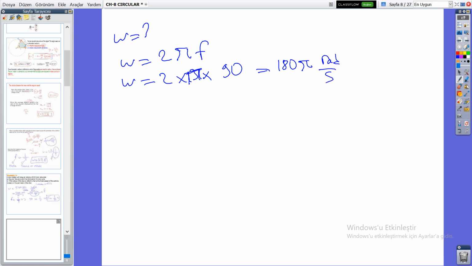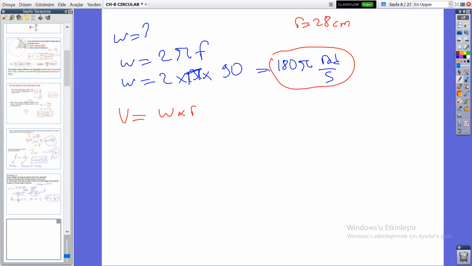And with another equation we will find the linear speed. If you remember, linear speed equals angular speed multiplied by r. We found the angular speed and it is giving the r, but r equals 28 centimeters.